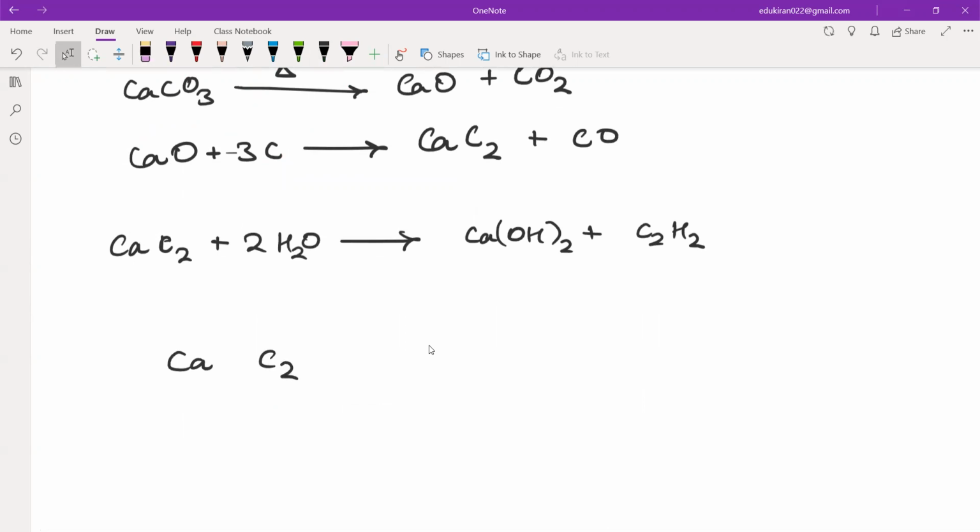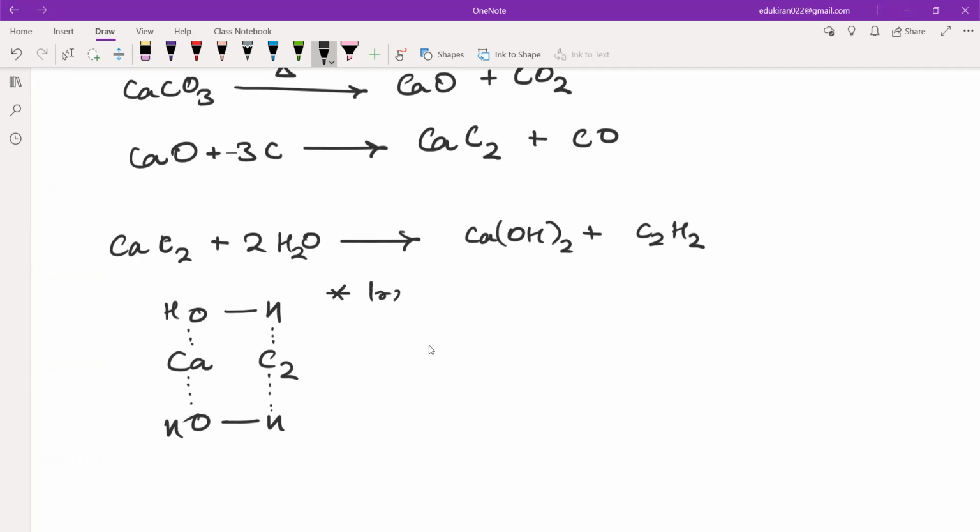This is positively charged and this will have 2 negative, that means each carbon will be having 2 negative charge. And water, you have OH and H. So calcium is attracted by OH negative, and the carbide, which has negative charge, is attracted by the H plus ions, and you get Ca(OH)2 and C2H2.